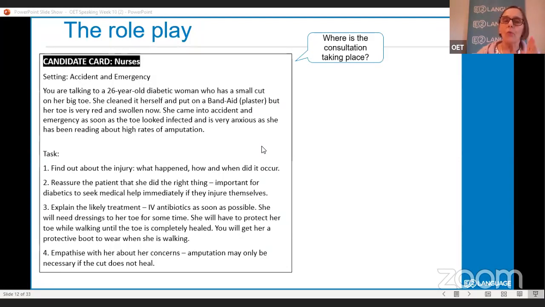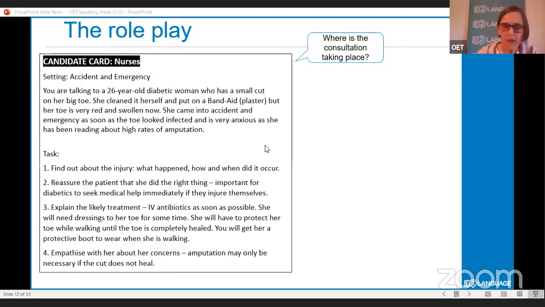So we ask ourselves, and we underline that if you've got a card, where is the consultation taking place? Now that plays a role in, let's say, formality. In a hospital environment, things are a lot more formal perhaps than they would be at a patient's home or perhaps in a private clinic.